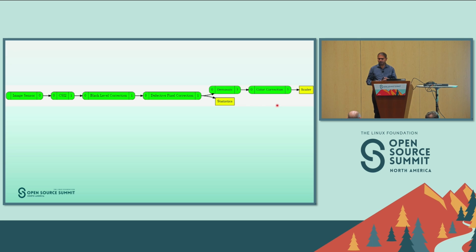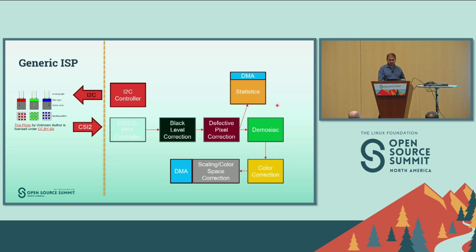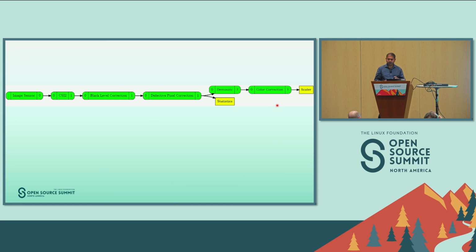You can control them, they have parameters, but they will have a data path to memory. So all the DMAs we saw in the previous diagram get represented with the yellow boxes. This can be generated using the media-ctl tool with the print-dot option. So if you have an ISP represented as a media pipeline, you could use that.